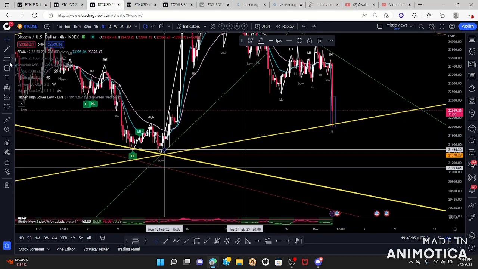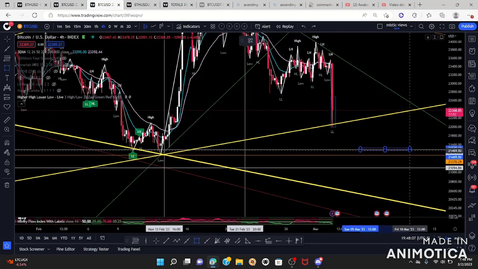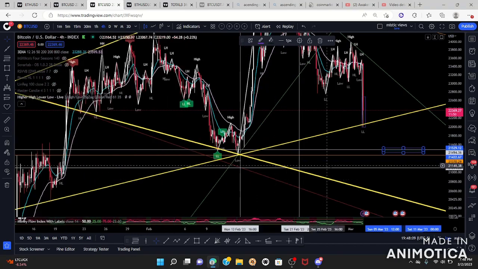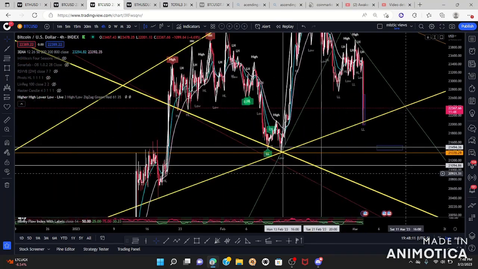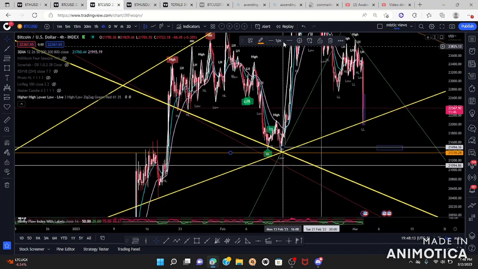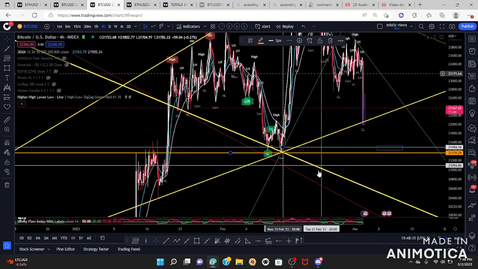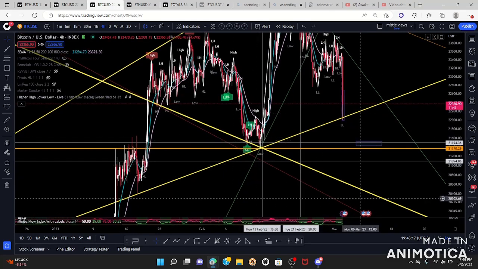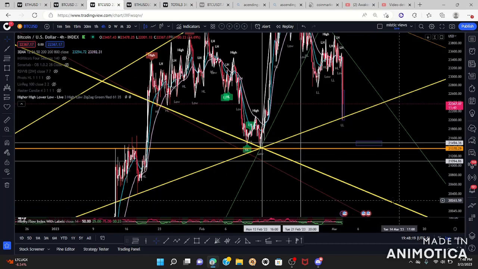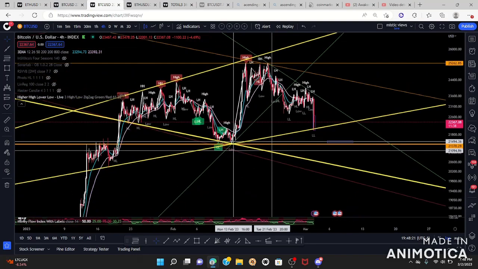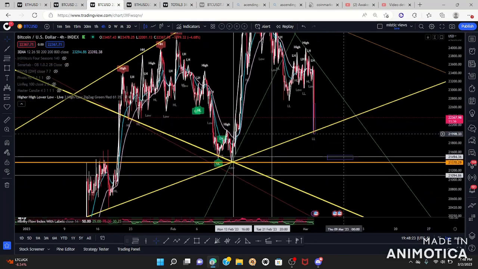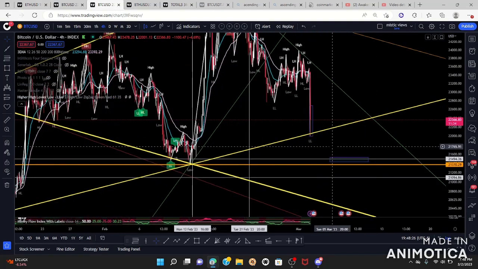So it's important to have your target. So this is my next target if this is invalidated. And if we cross the support, right, we could bounce off this yellow trend line to create that huge megaphone. So there's a couple of things going on right now in my head.